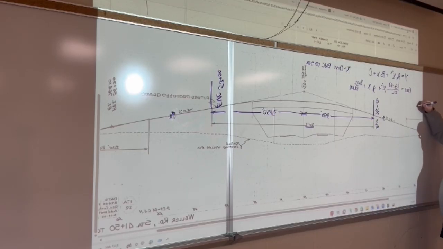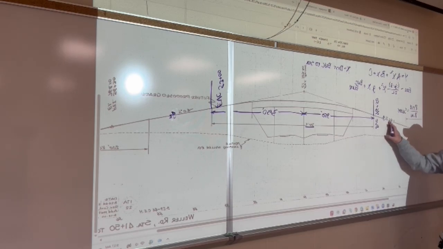So if we remember our other small, simple equation, the old rise over run equals slope. Well, we have the slope and we have the run. We need to solve for the rise.